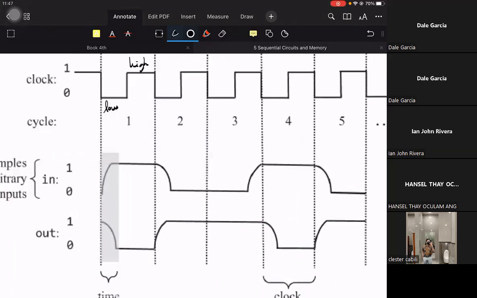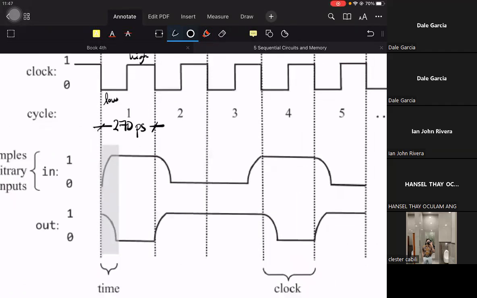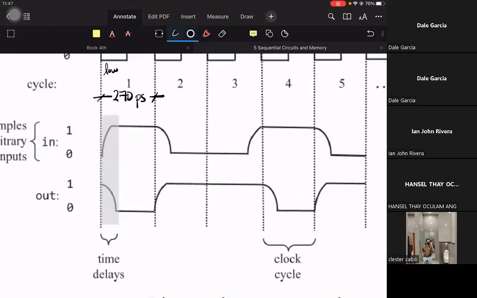So if we consider 0.27 nanoseconds, or 270 picoseconds, then the delay should only be a fraction of that.